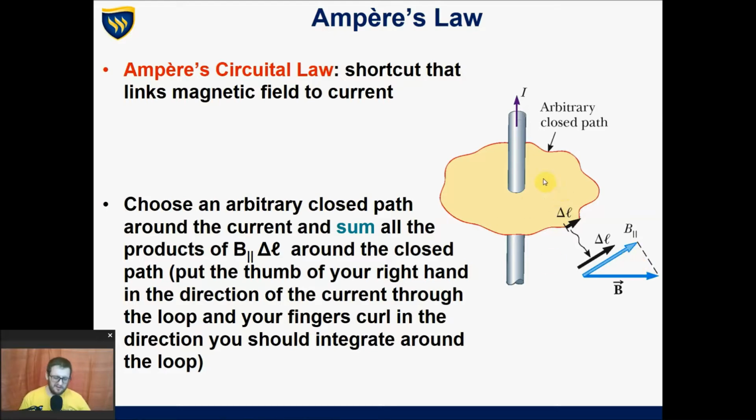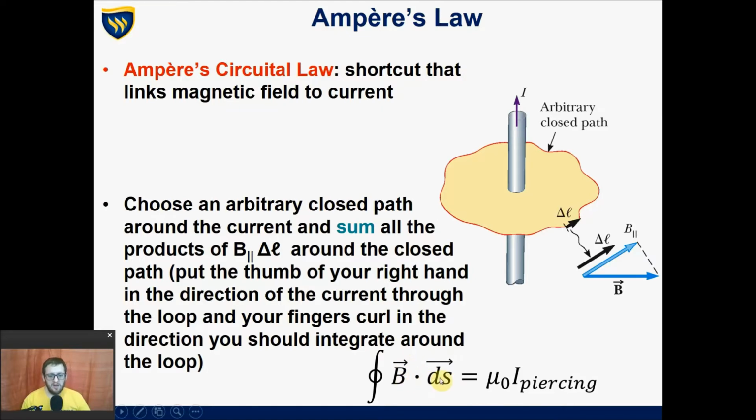This process is called a path integral. The way we would do that is to take the dot product, because remember, dot products are the projection of one vector onto another. So this looks very similar to flux. It's not flux though, because this is a path integral.